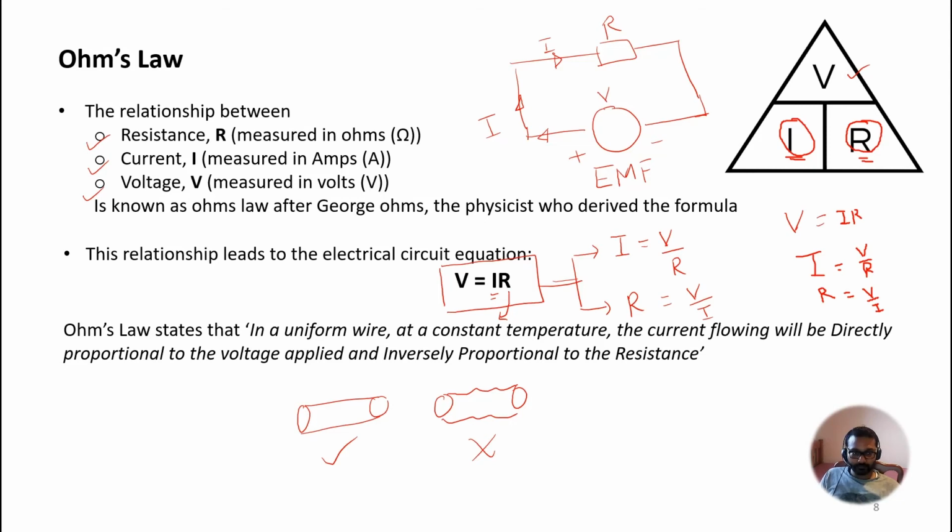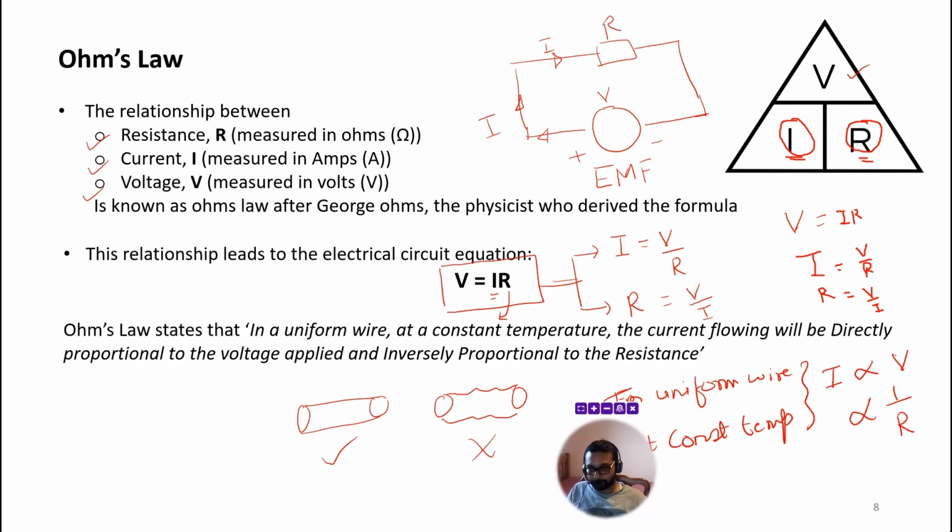So in a uniform wire at constant temperature, the value of current flowing in the circuit will be directly proportional to the voltage and inversely proportional to the resistance.